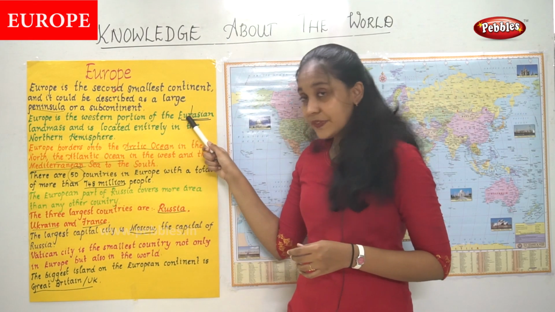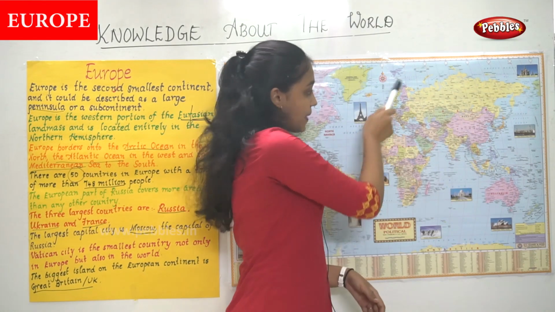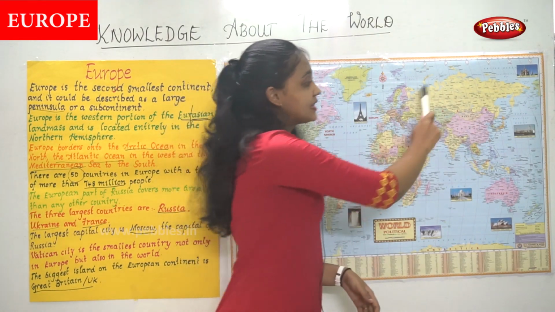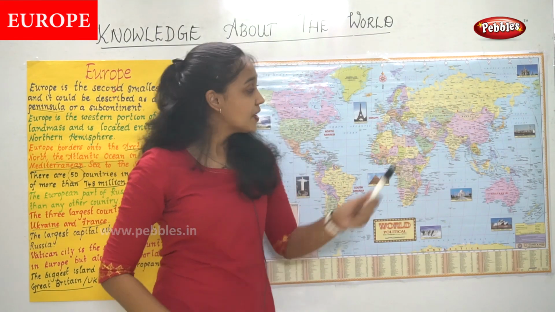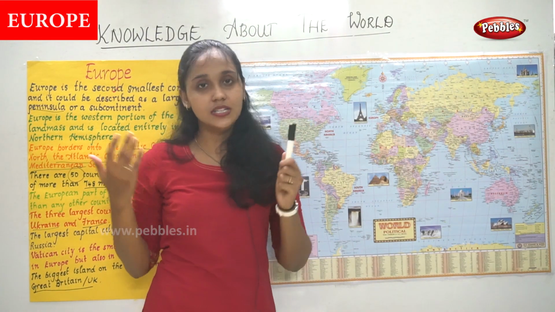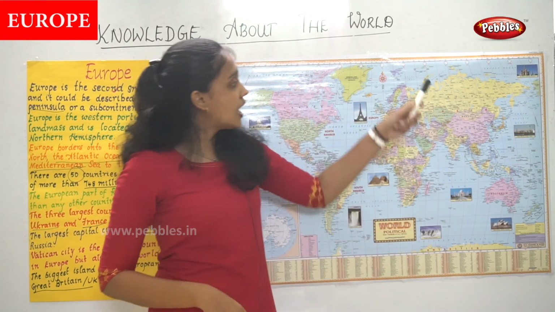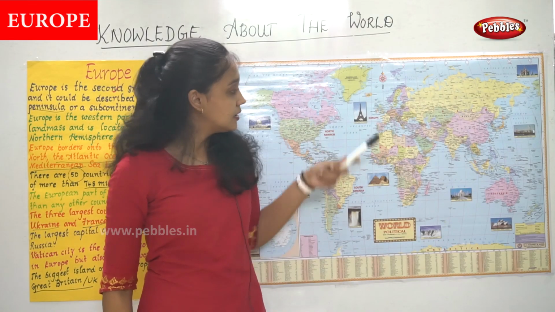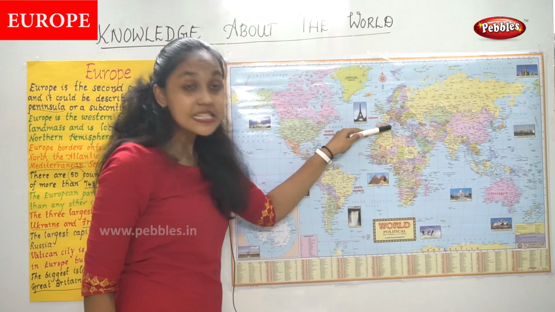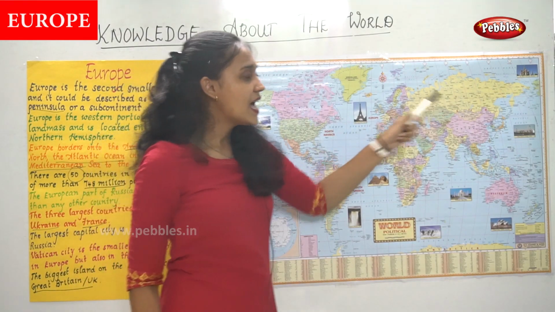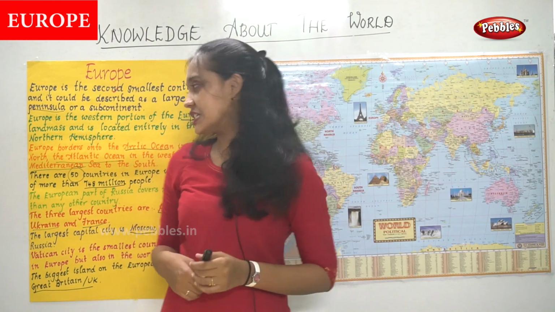See, Europe and Asia together. This part of it is Europe and this part is Asia. The western part is what is Europe. And then the borders are the Arctic Ocean to the north, the Atlantic Ocean to the west, the Mediterranean Sea to the south, and to the east, as we all know, the Asian continent.